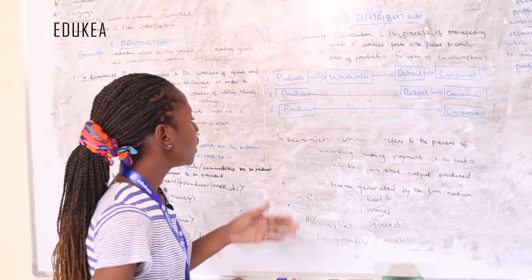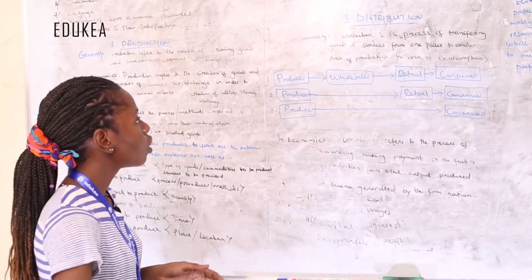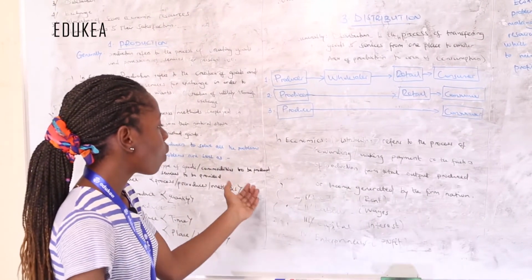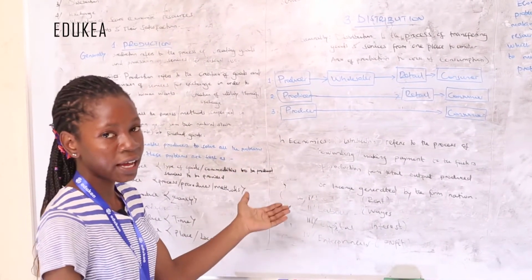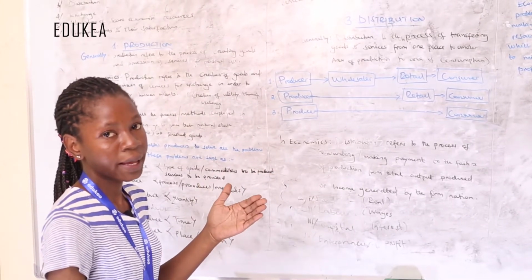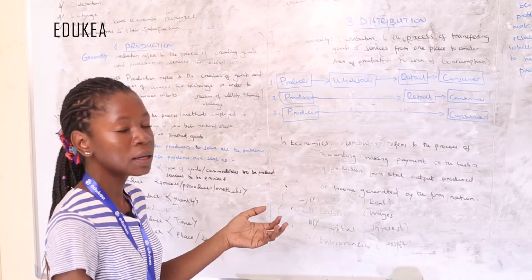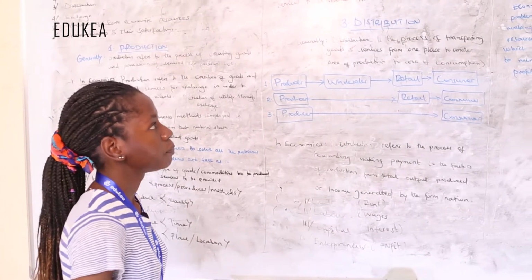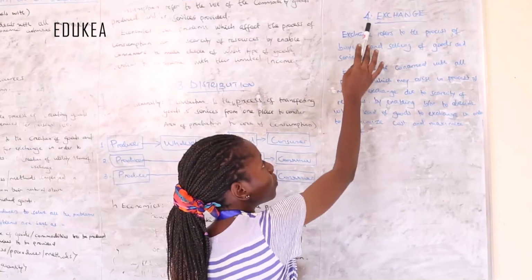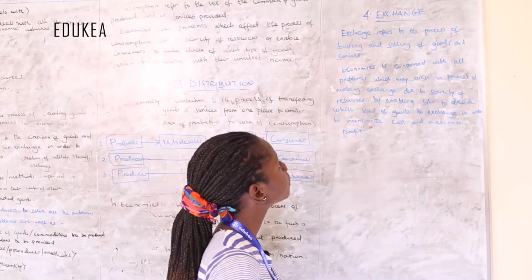So in economics it solves all the problems za kuangalia ni factor gani za production zitapokea kitu gani kama reward ya production. And also number 4, exchange.